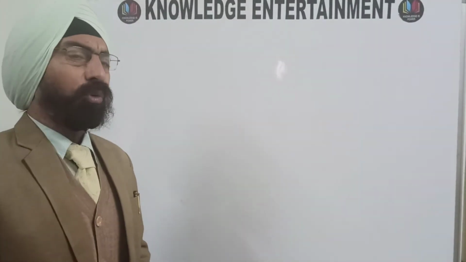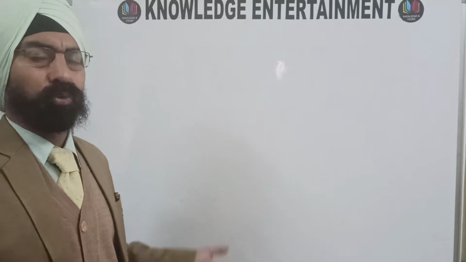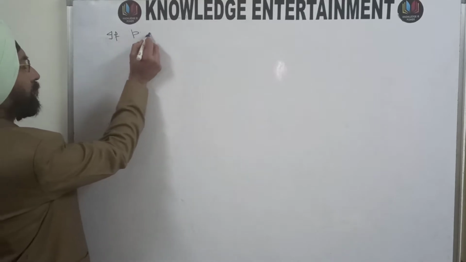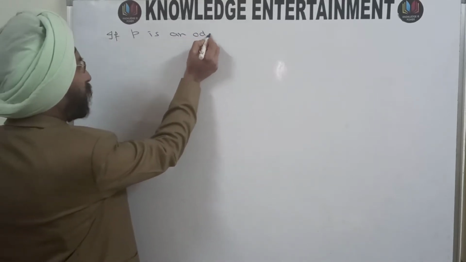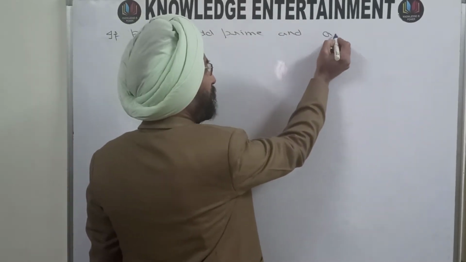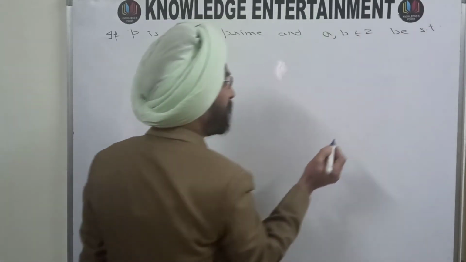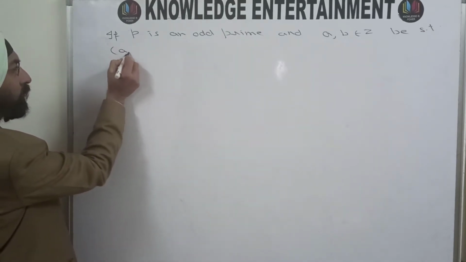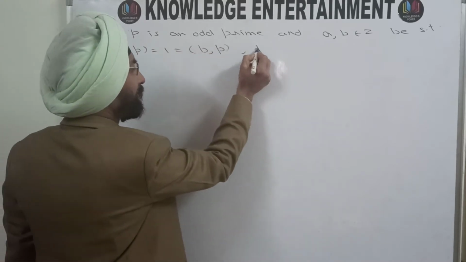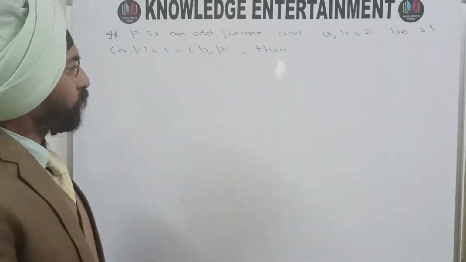Now we will have very easy, very simple theorems. I'll write them at once and then prove one by one. So the statement of the theorem is: if P is an odd prime and A, B belonging to Z are such that GCD of A and P is 1, and GCD of B and P is also 1, then there are several results regarding Legendre symbol which we will prove.